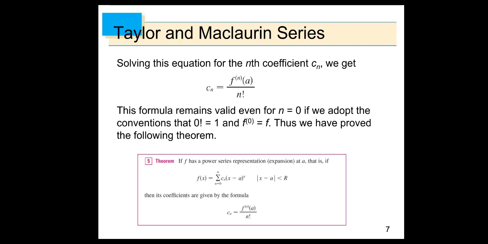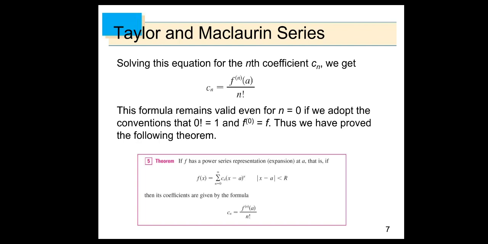The formula remains valid even if n is equal to 0, because we know that 0 factorial is equal to 1. And for the zeroth derivative, there is no differentiation for f, it will be simply f, right?